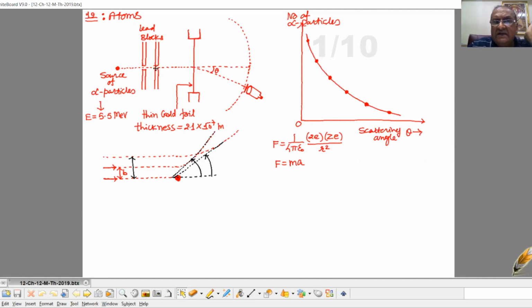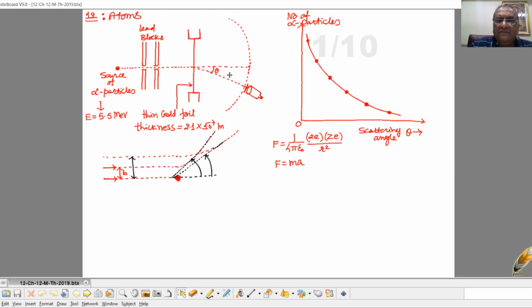Okay, see, this one is the direction of motion of the alpha particle when it is incident on the gold foil, and if after being incident on the gold foil it moves in this direction, then the angle between the original direction of propagation and the direction of propagation after scattering is called the angle of scattering.